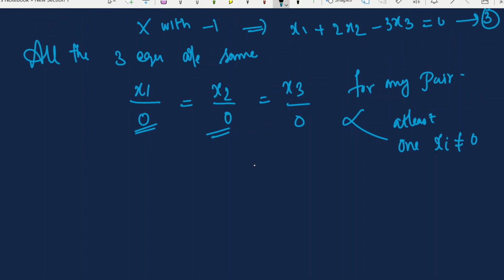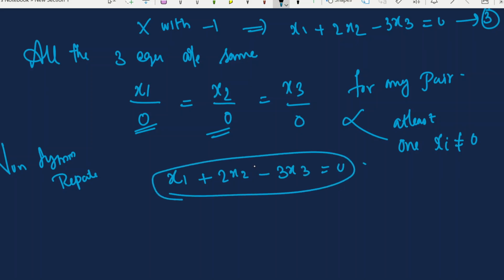So in that case, for a non-symmetric matrix with repeated eigenvalues, consider this equation x1 plus 2x2 minus 3x3 equals 0. You can assume any value, either x1 or x2 or x3 is equal to 0 here. Let x1 is equal to 0.